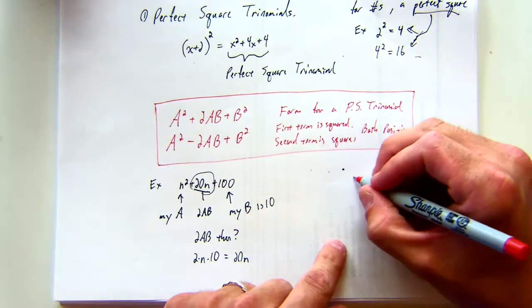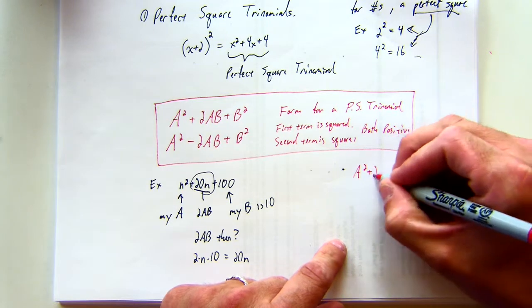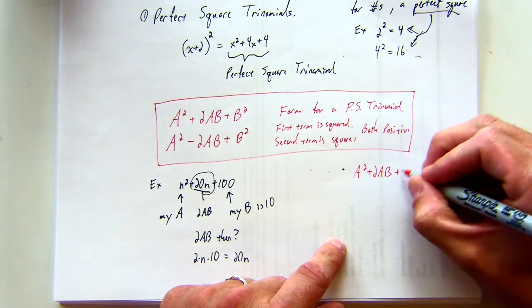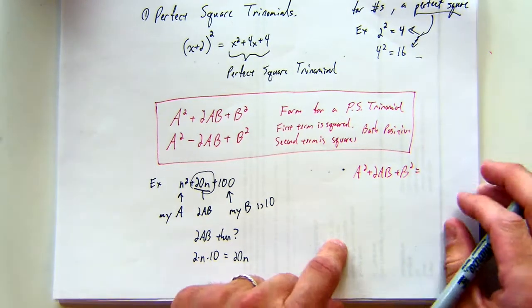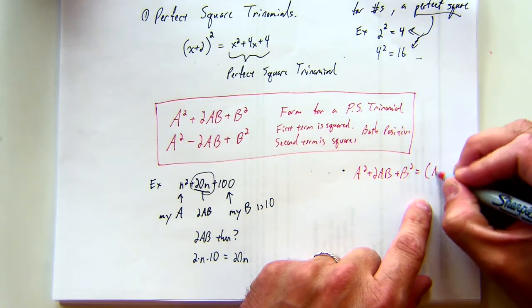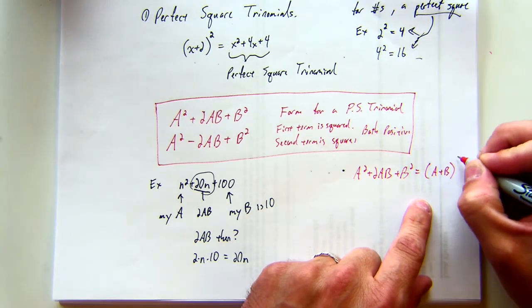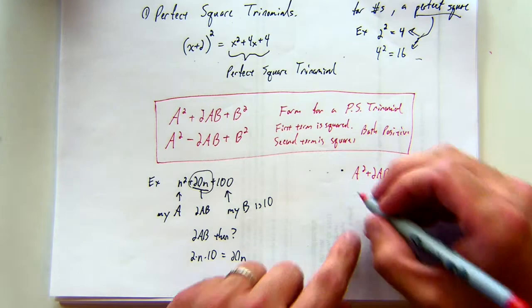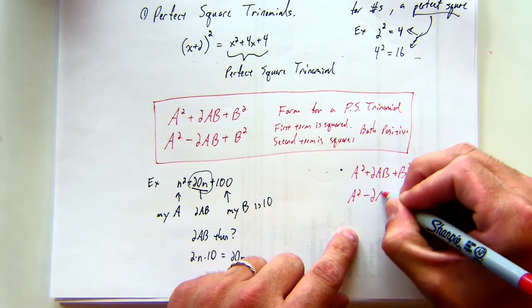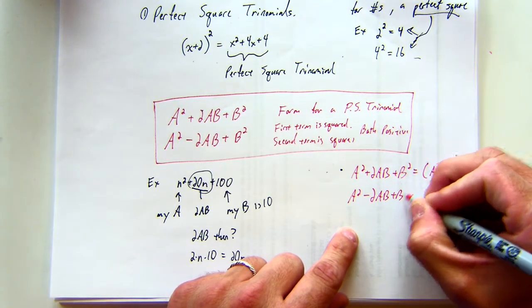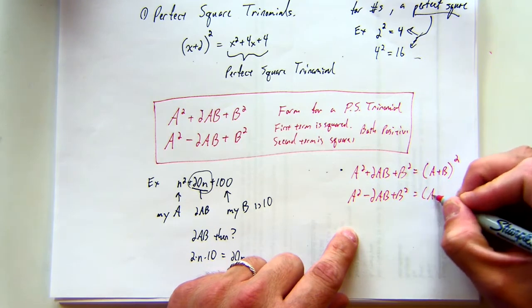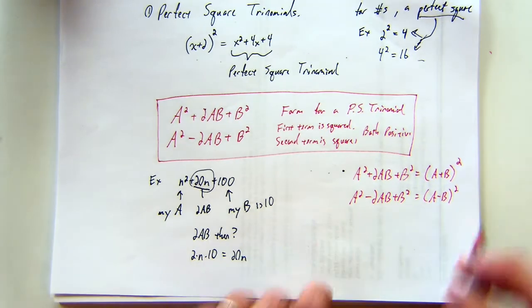I should have added that up here. But a squared plus 2ab plus b squared is equal to a plus b quantity squared. A squared minus 2ab plus b squared is equal to a minus b squared.